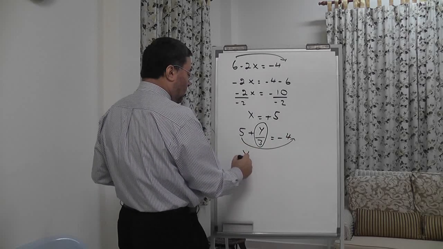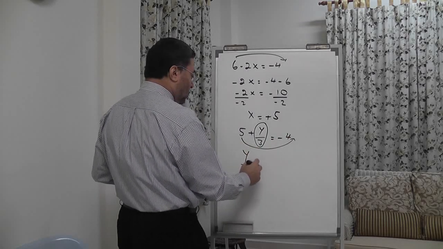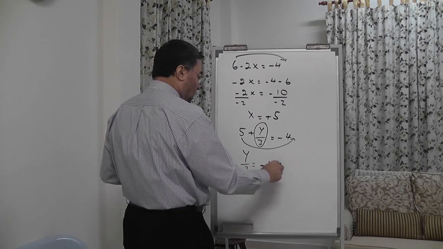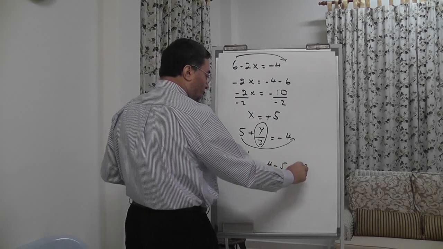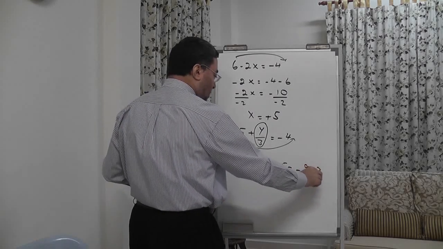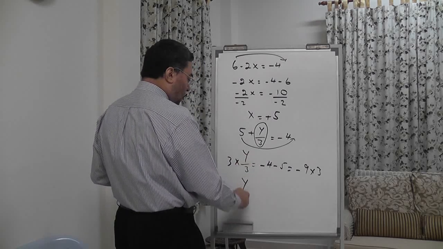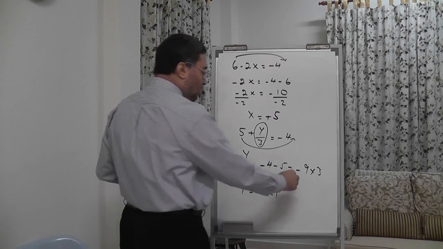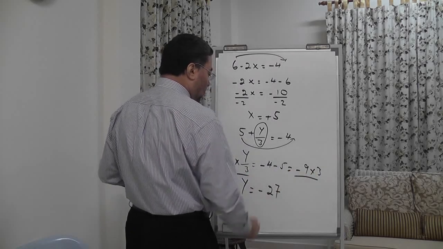We have y over 3 is equal to minus 4 minus 5, and that's equal to minus 9. We multiply everything by 3, and y is equal to minus 27. We are working with this side of the equation.